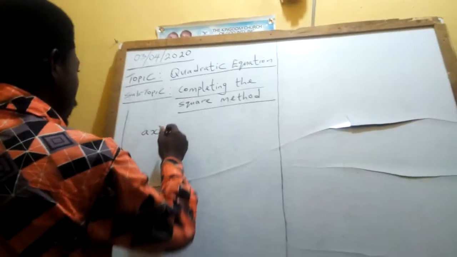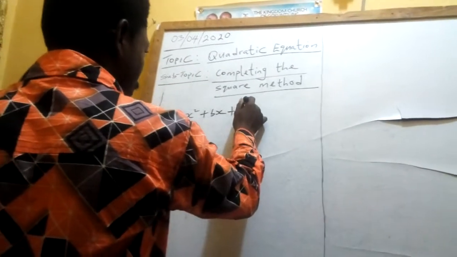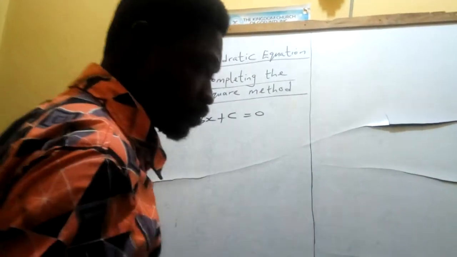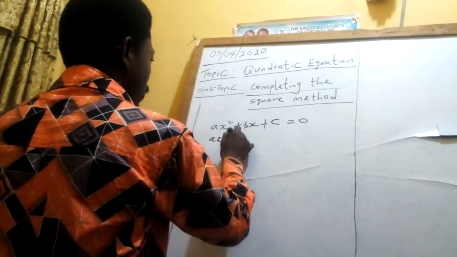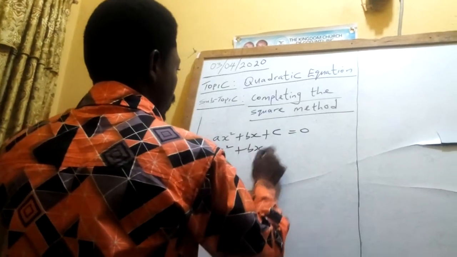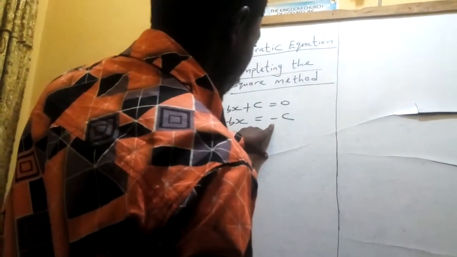Let's pick it from the proof. ax squared plus bx plus c equal to 0. The first thing you do is to transfer the constant. We have ax squared plus bx equal to minus c. Why is it minus c?